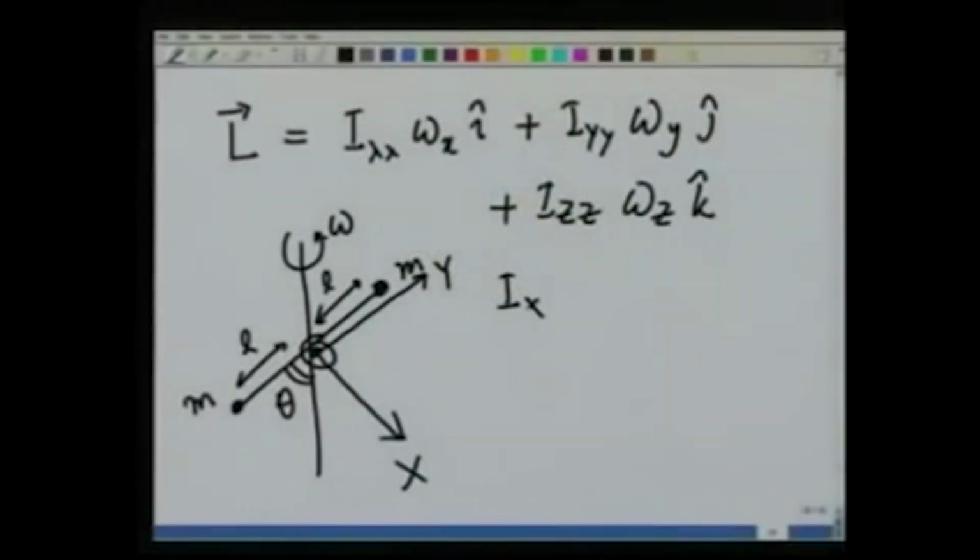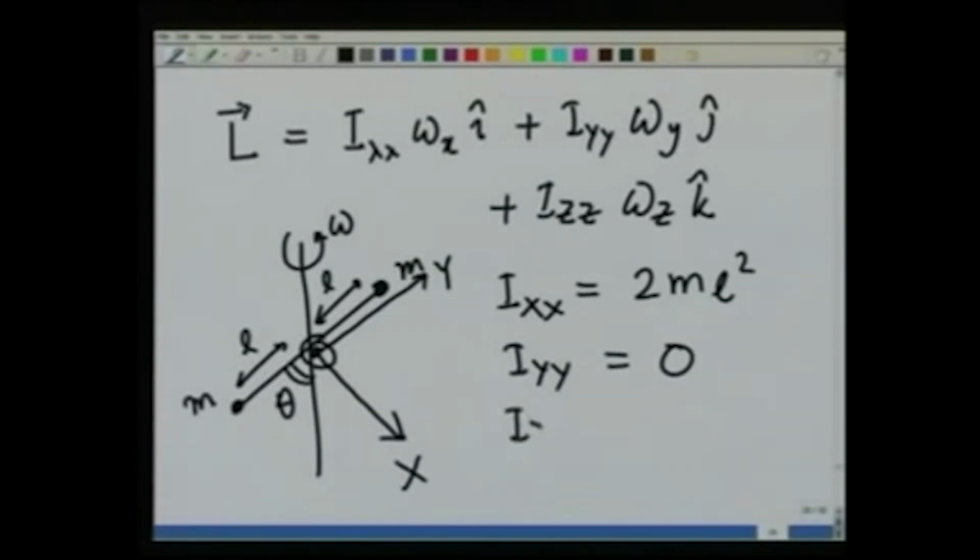Similarly, the other off-diagonal components are 0, except that I x x is going to be ml square plus ml square, that is 2 ml square. I y y is going to be 0 because from the y axis there is no distance of the masses, and I z z by symmetry is the same as I x x, which is 2 ml square.